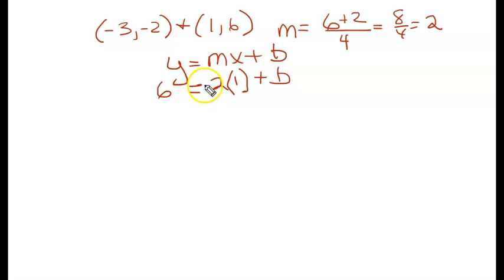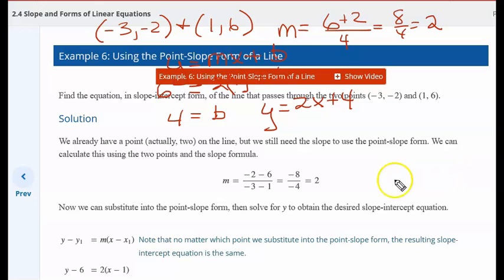So this is kind of another way to do it, and some may prefer this way. So this is going to be 2. I'm going to subtract 2 from both sides. I get then that b is 4. So the equation is y equals 2x plus 4. That was another way of doing it.